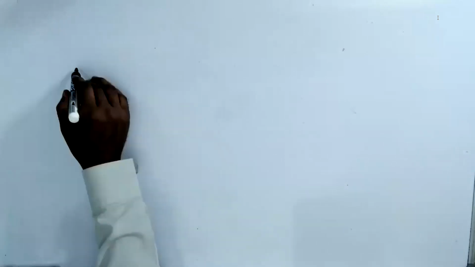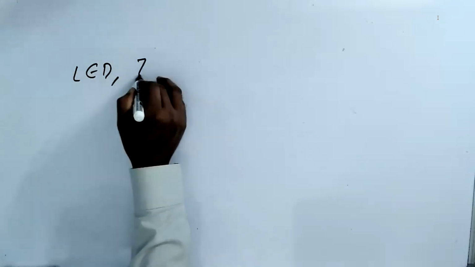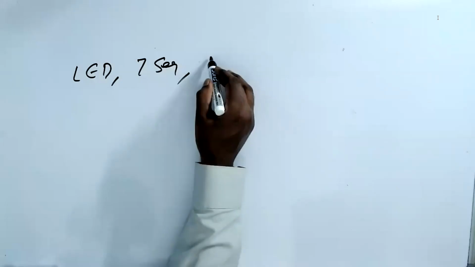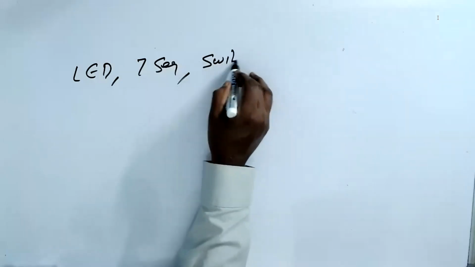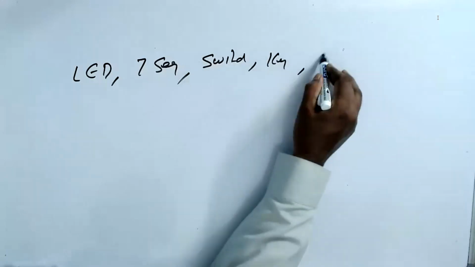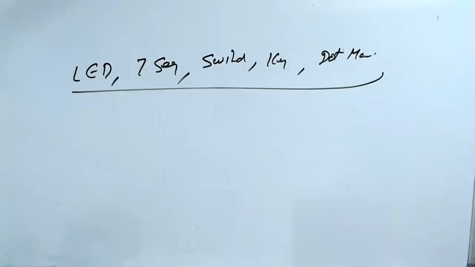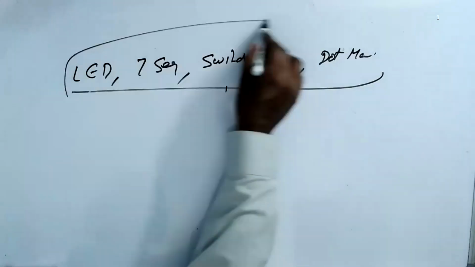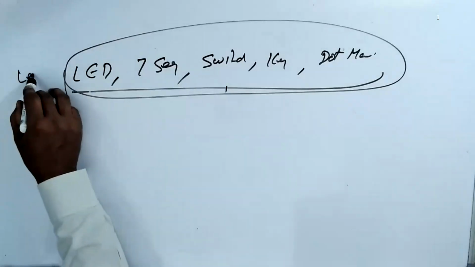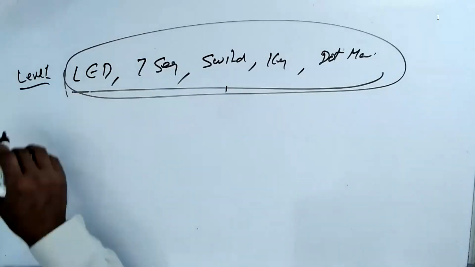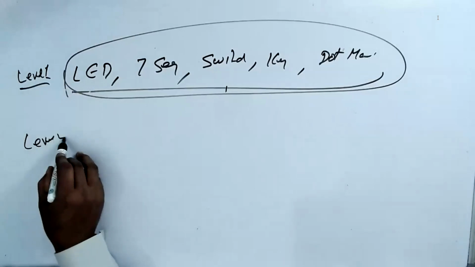So do all the exercises which I give. I have exercises on LED, 7 segment, switch, keypad, dot matrix. This is the first level, level 1. Level 2 is timer.